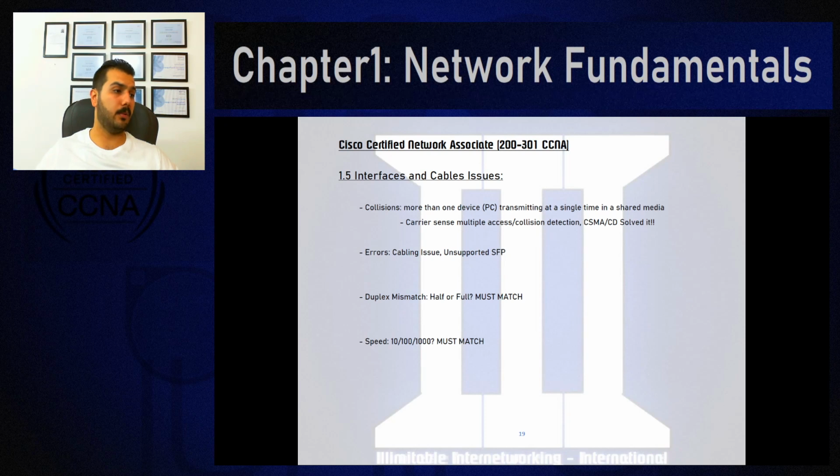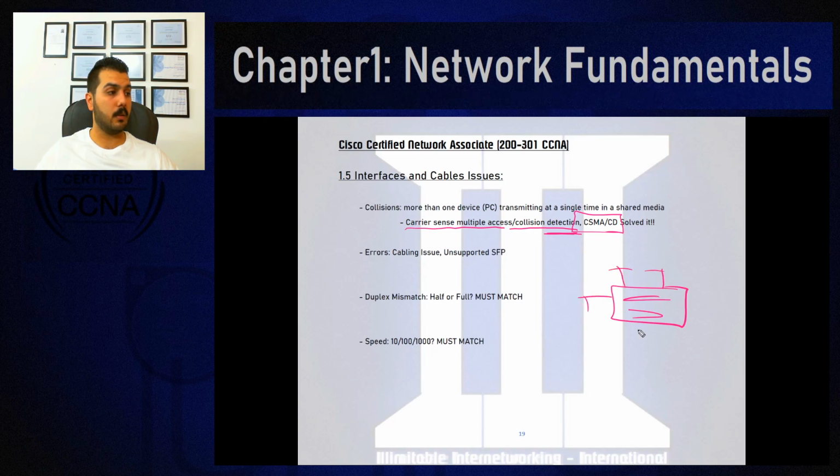A new technology was developed called Carrier Sense Multiple Access with Collision Detection, CSMA/CD, used to detect collisions, and it was developed with switches.